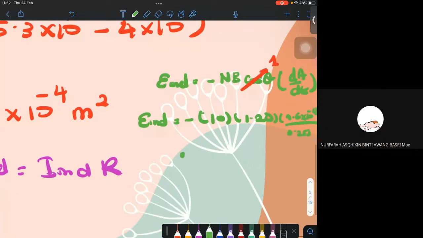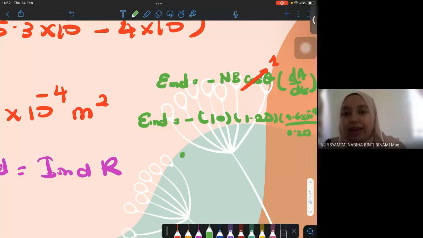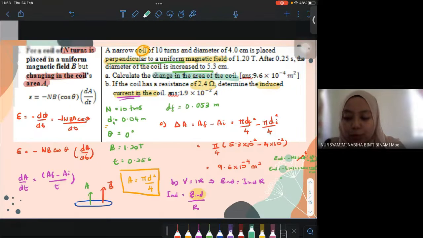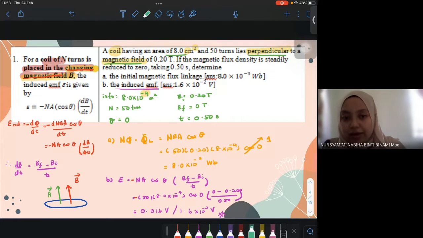Madam, jawapan dia negatif kah? Jawapan dia akan jadi positif. Okay. Sebab yang ni kan, dia sebenarnya depends on soalan. For example, kamu kira kamu dapat negatif. Sebenarnya dia hanya indicate the direction. Tapi macam soalan yang first tadi, kamu perlu gunakan dia negative sign. Dia akan cancel. Sebab negative direction.